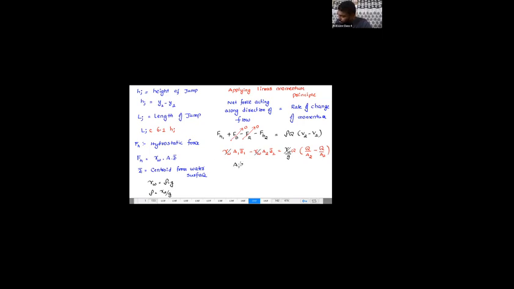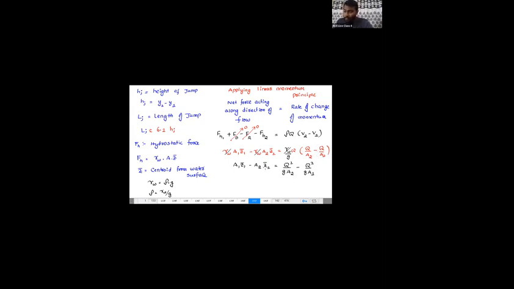Then A1 Z1 bar minus A2 Z2 bar is equal to Q square by GA2 minus Q square by GA1. Yes or no?